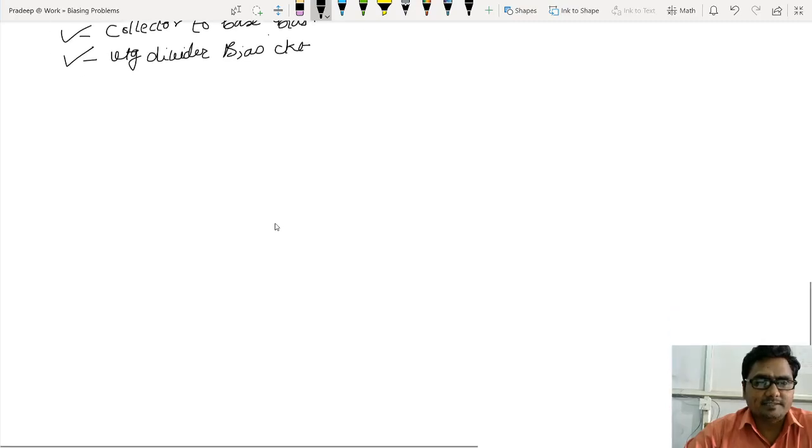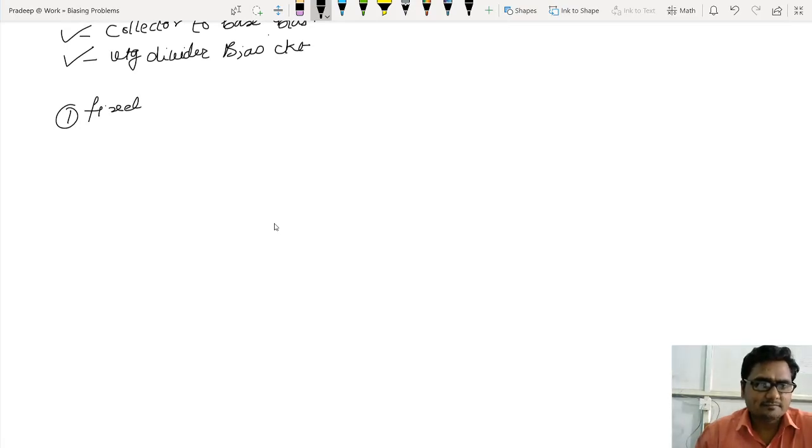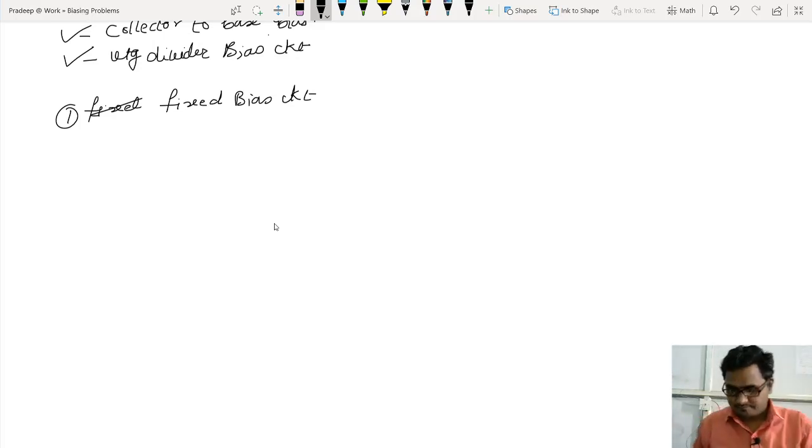Which one is the first biasing circuit? It is fixed bias. So let me write it as a title: fixed bias circuit. Now the problem which is given, let me draw it here, fixed bias circuit.